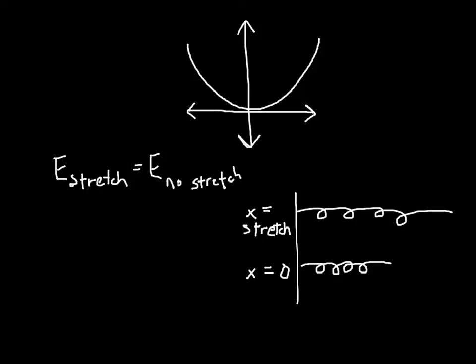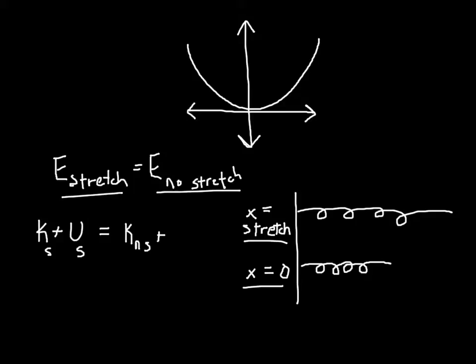So let's look at a spring in terms of the types of energy it has when it's stretched and when it's completely unstretched. We know energy is equal to kinetic plus potential. So we have kinetic when I'm stretched plus potential when I'm stretched has to be equal to kinetic when I'm not stretched plus potential when I'm not stretched.